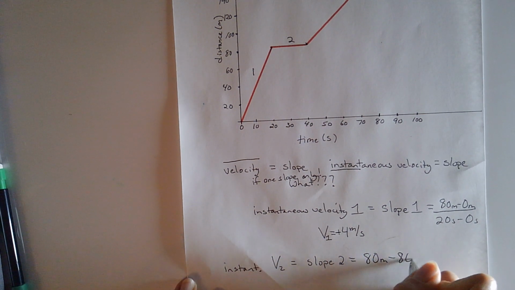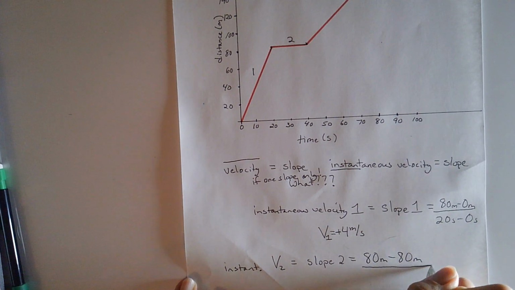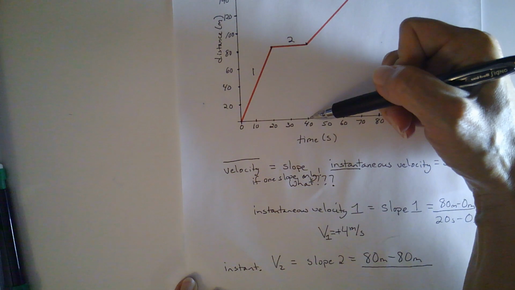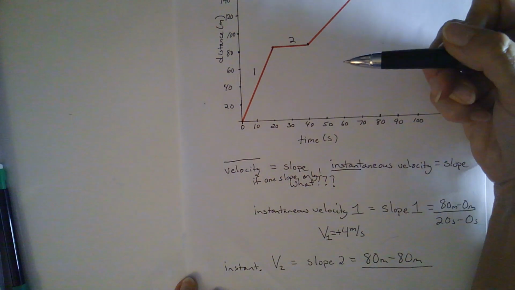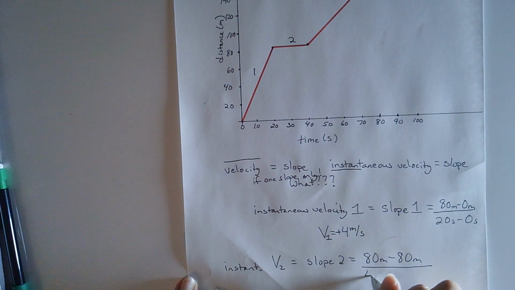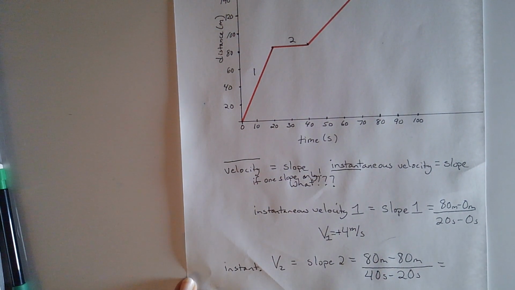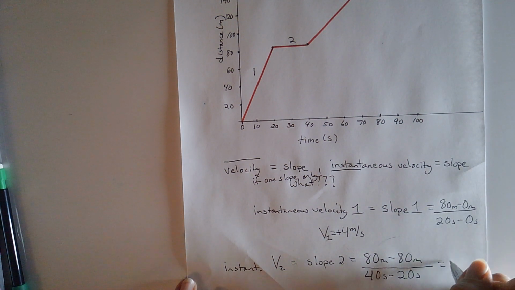It's going to stay right there at 80 meters the whole time, right? And then it winds up at a time of 40 seconds, and it started doing that at 20 seconds. So we're going to say 40 seconds minus 20 seconds. 80 minus 80 is 0. So the instantaneous velocity for segment 2 is 0 meters per second.